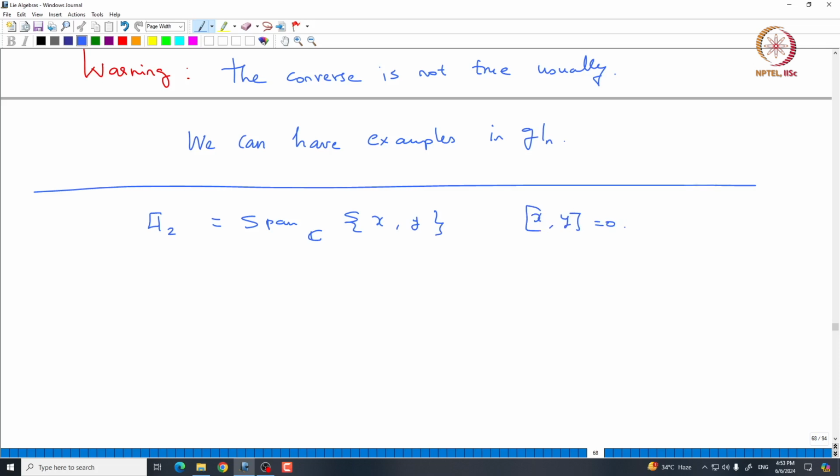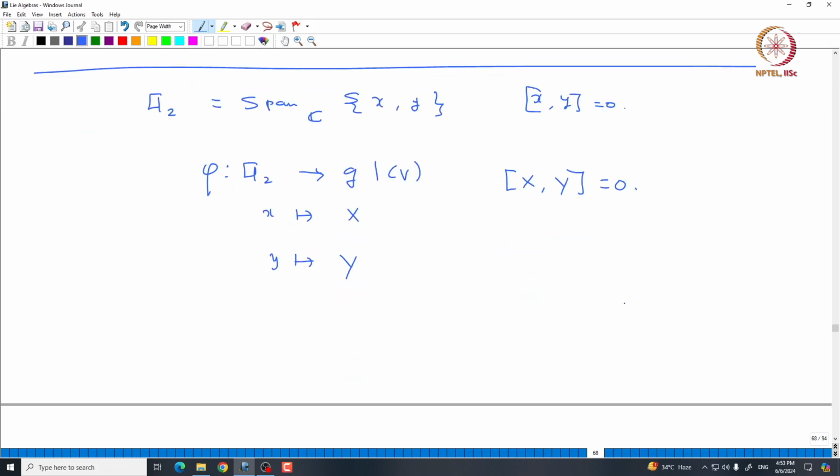If we are interested in defining the representations, let us say what that means. Let us say you have a representation from A to some GL of V. So, that means x is mapped to some capital X and y is mapped to some capital Y. But the important thing is that capital X and capital Y must commute, okay.